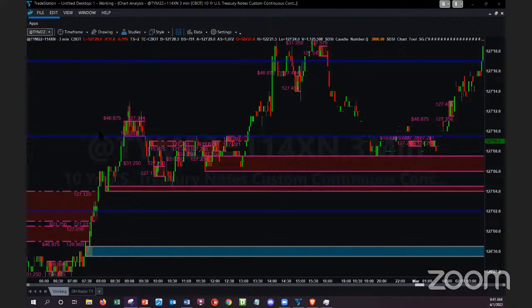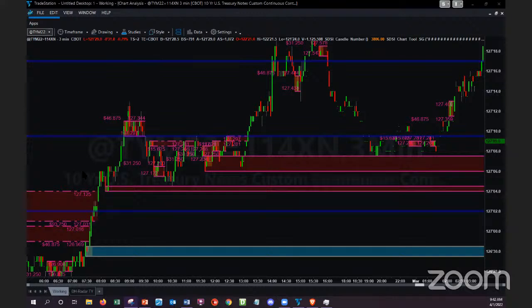Questions or comments? Has this been helpful to anybody? Yeah, and Doug, one comment I wanted to make: if you're tracking your different futures contracts in a radar screen, you can actually just put the specific contract, the TYM 22, and then compare it to the TYH 22 and just track the volume.